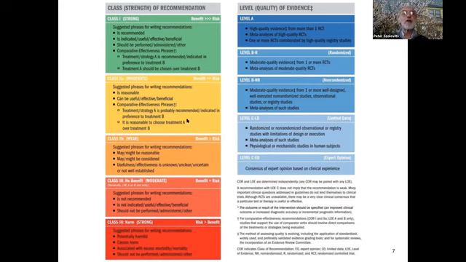For example, if something is in class 1, a strong recommendation, then you use words like is recommended, is indicated, useful, effective, beneficial, should be performed. If it's in class 2, where the benefit is much greater than the risk, you say things like it's reasonable, it can be useful, etc.